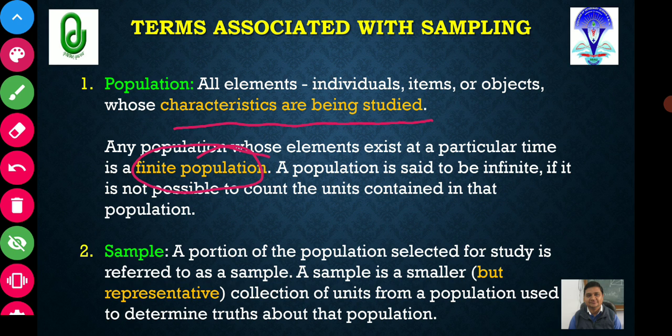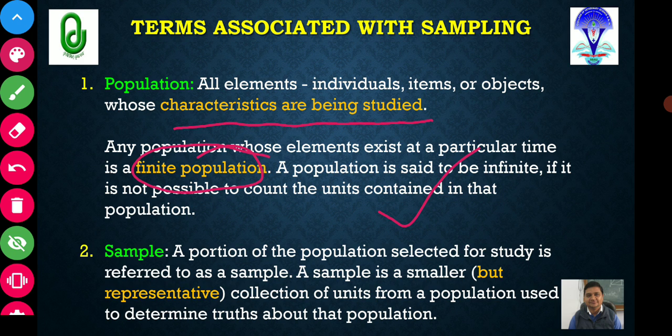Many times you will encounter a situation where your population size is not finite, it is infinite. A population is said to be infinite if it is not possible to count the units contained in that population.